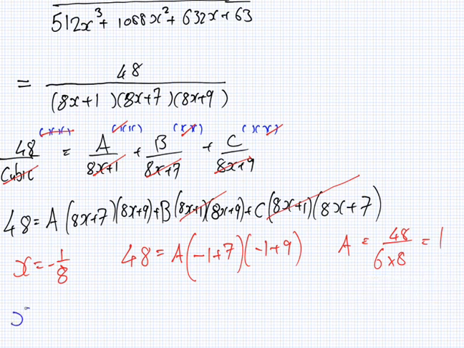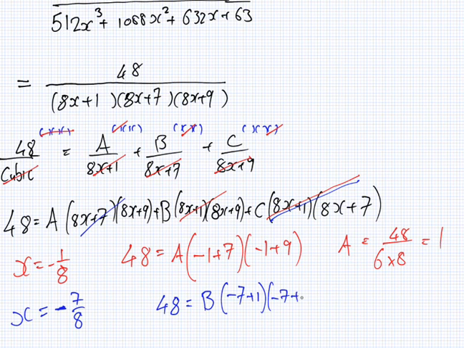Okay, what should I choose next for x? Minus 7 over 8. So that piece would go, and I'd be left with this piece in the middle. So that is 48 equals b, minus 7 plus 1 times minus 7 plus 9.